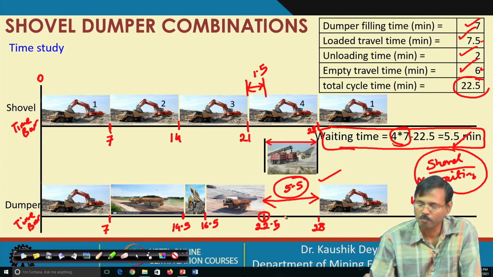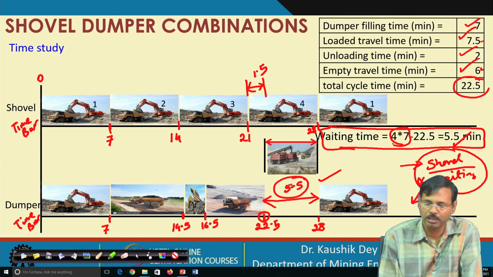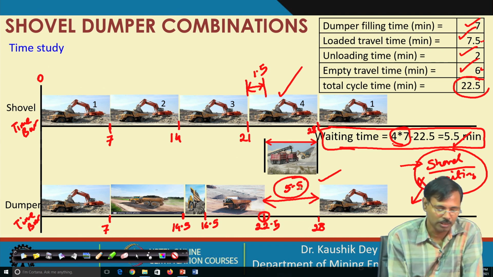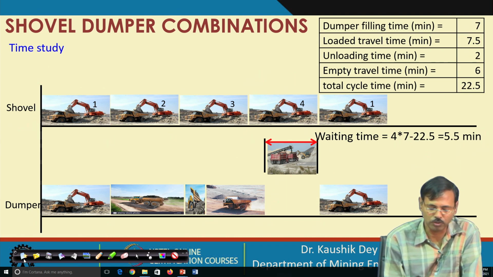So, that is why the shovel should not be allowed to wait. This 4th additional damper is given so that the damper can be allowed to wait for 5.5 minutes, but the shovel is not allowed to wait for 1.5 minutes.